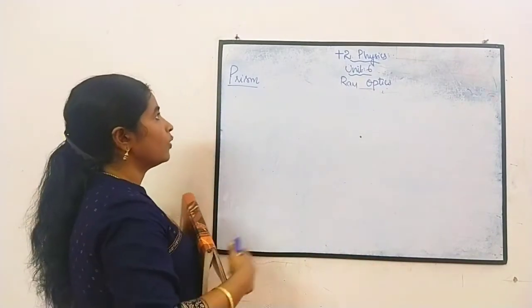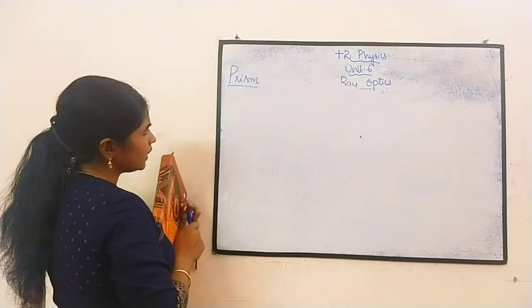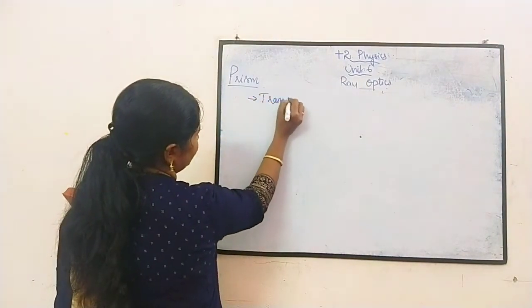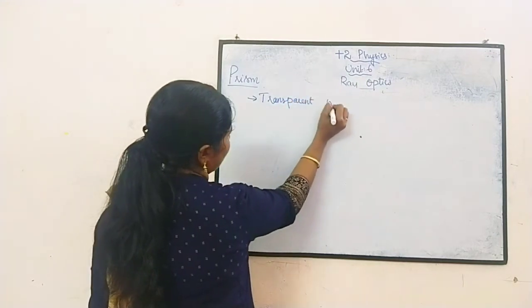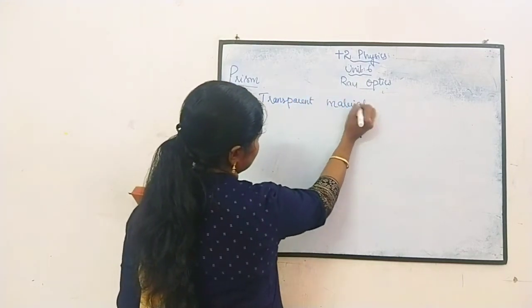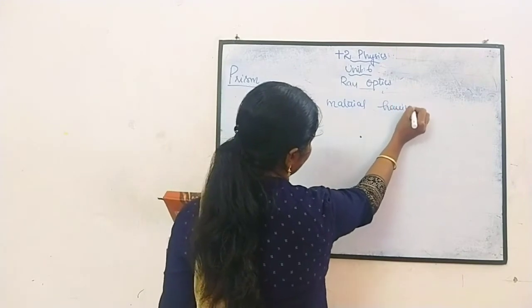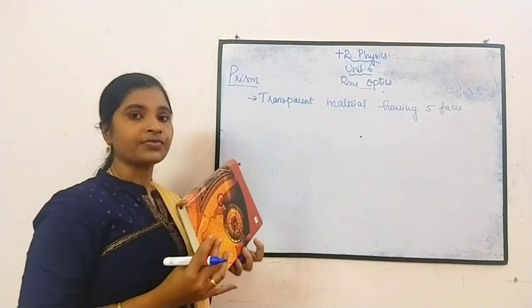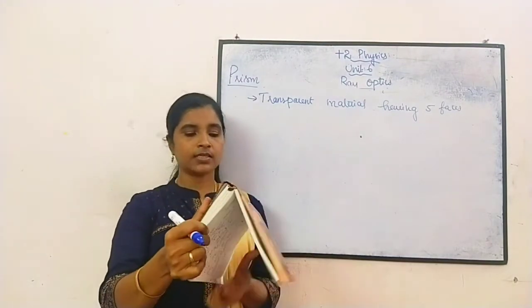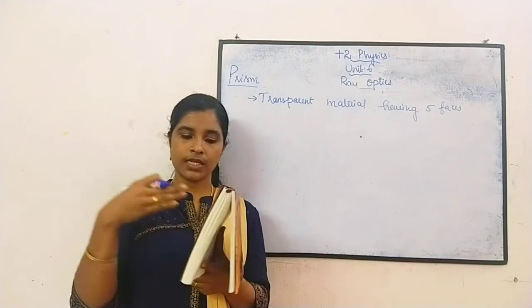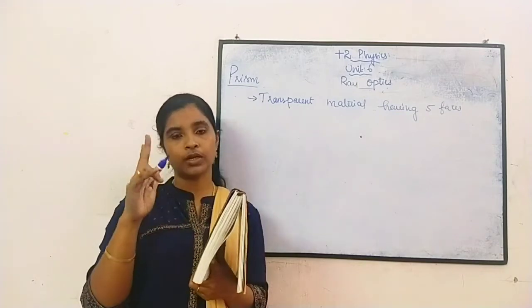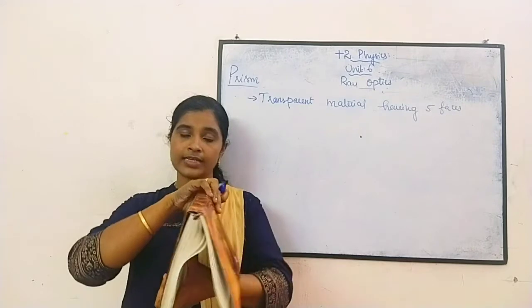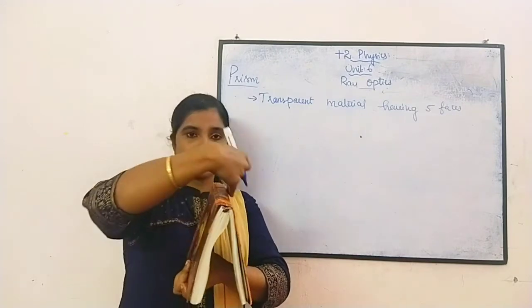So what is meant by prism? It is a transparent material having 5 faces. Of these 5 faces, light is incident or refracted only through these 2 surfaces.